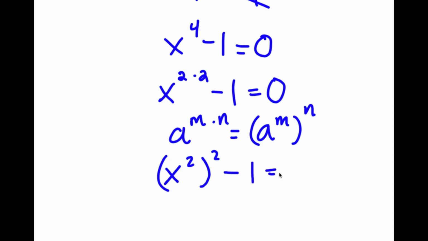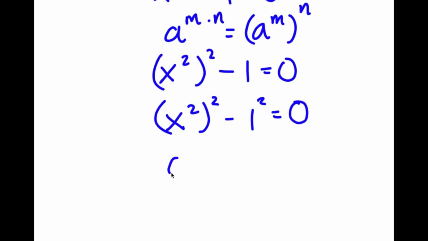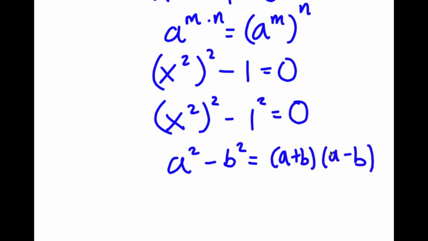Now I have this minus 1 is equal to 0. Now 1 is the same thing as 1 squared. So I have x squared to the power of 2 minus 1 squared is equal to 0. If I have something in the form a squared minus b squared, this is equal to a plus b times a minus b.